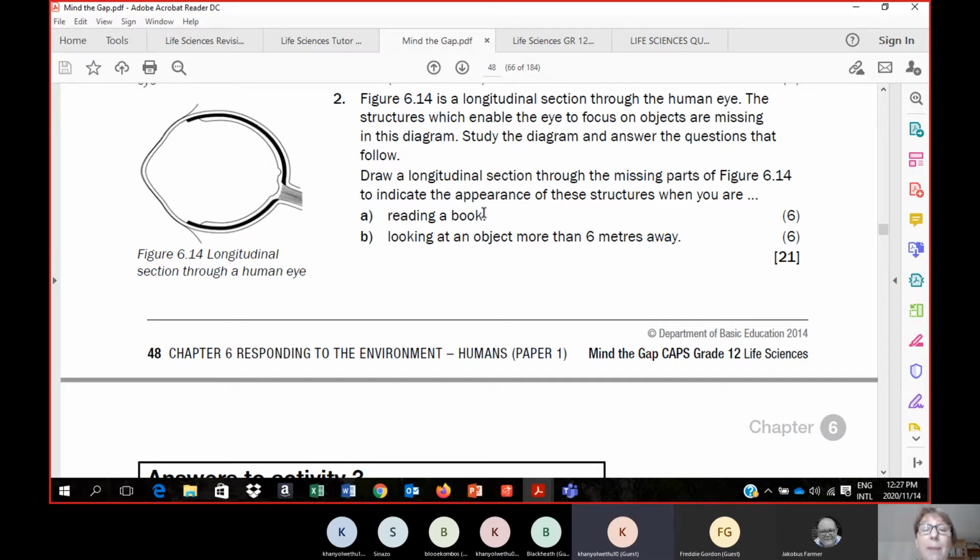So reading a book, remember that lens has to be very convex so that the light rays are refracted more. Now, when you do a diagram, remember, always do it in pencil, and then also do all your labels and label lines in pen, and also give a heading to your diagram.